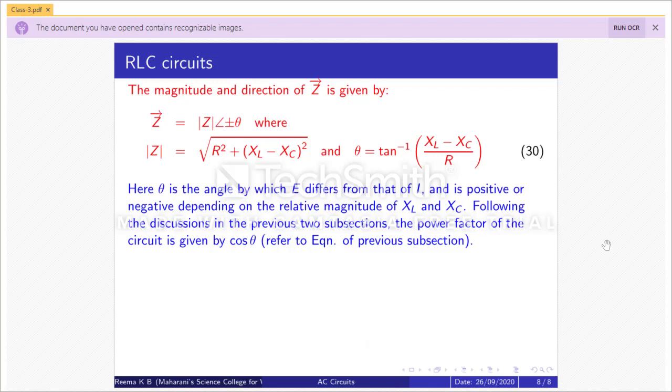Following the discussions in the previous two subsections, the power factor of the circuit is given by cos theta.